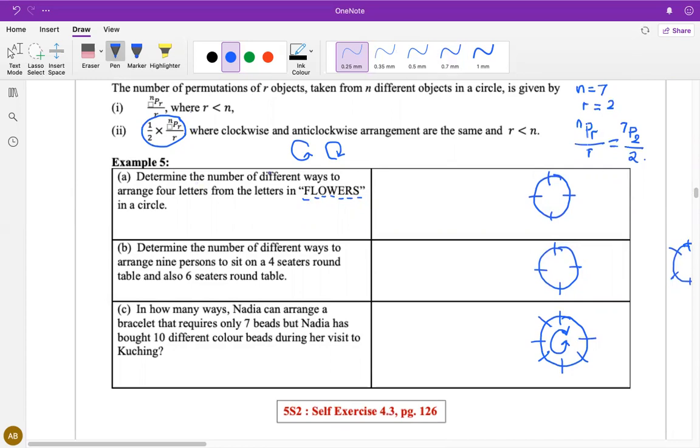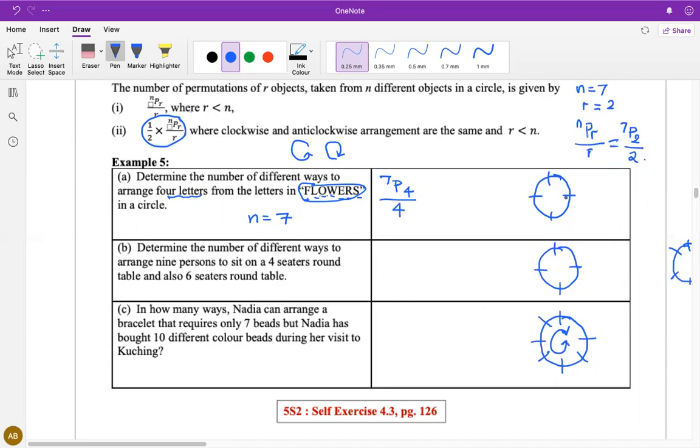A, determine the number of different ways to arrange 4 letters from the letters of 'flowers'. So we have flowers, the n is 1, 2, 3, 4, 5, 6, 7. If you use the formula, it will be 7P4 over 4.